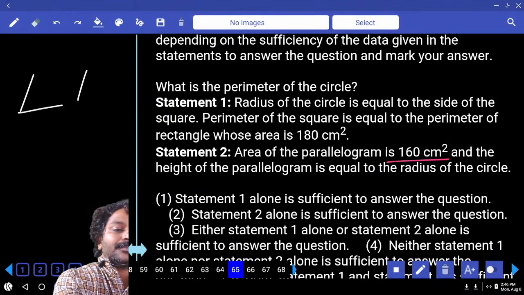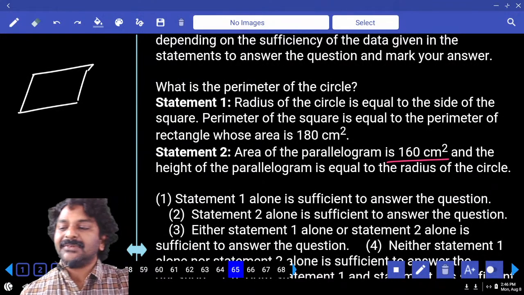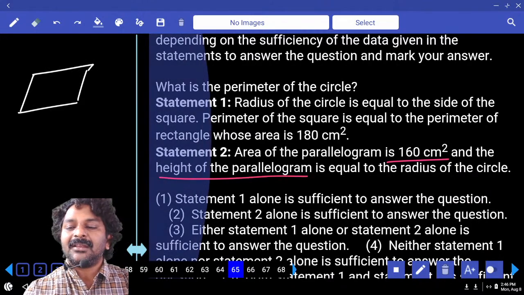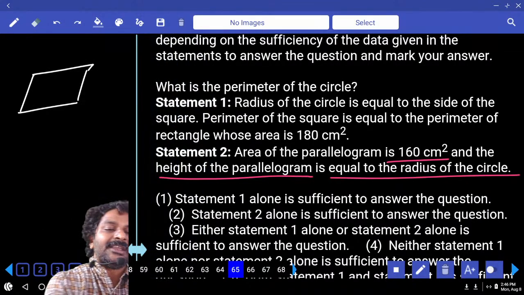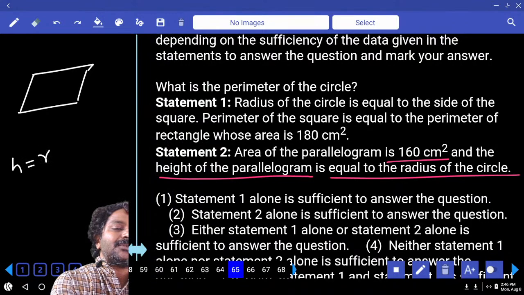Parallelogram. Area is 160. And height of the parallelogram is equal to radius. Height is equal to radius.